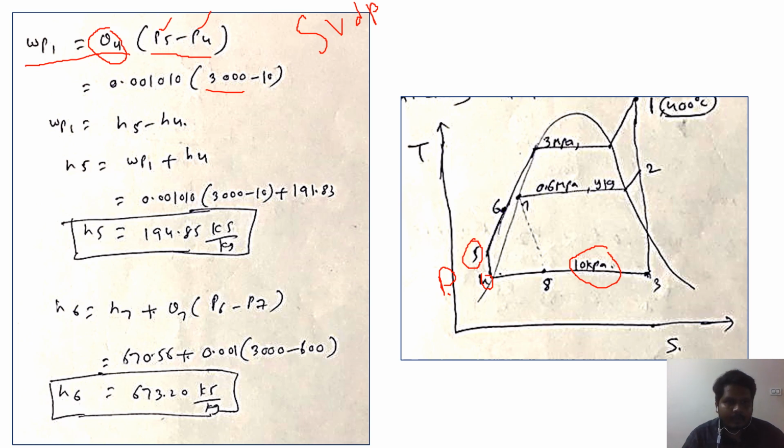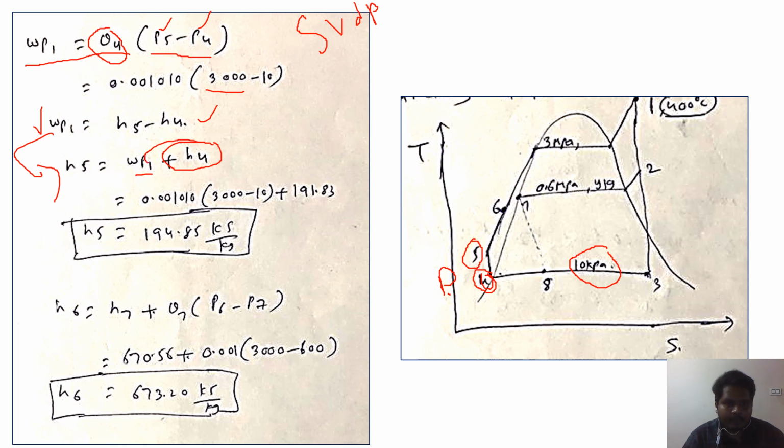Now this equation we can write in terms of enthalpy: work input to the pump equals h5 minus h4, because the process is 4 to 5. Now we can write h5 equals work input to the pump plus h4.